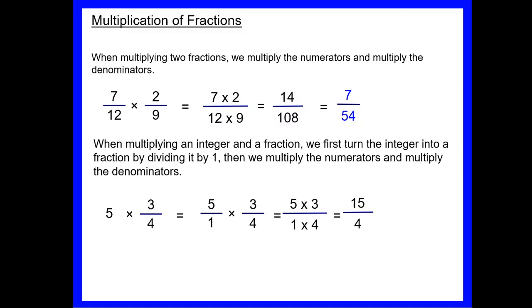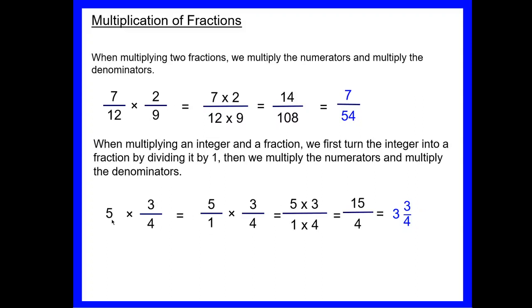Okay, I can't do any more because the next one will go to 16, which is too big. So that's 3 whole ones. So there's my 3 whole ones. To get from 12 to 15, I need 3 more. So my remainder becomes my numerator. And my denominator of the fraction is the same as the denominator I've ended my question with. So I get 3 3/4, or 3 and 3 out of 4.